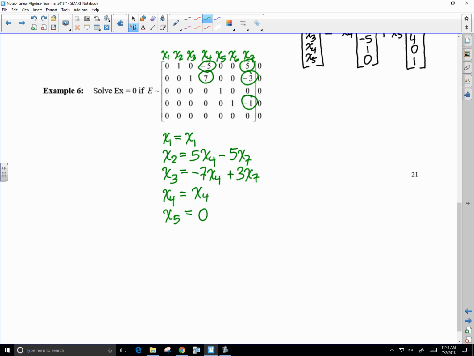It's kind of a nice development. x6 would be the same as x7, and x7 doesn't have a pivot, so it's also a free variable.